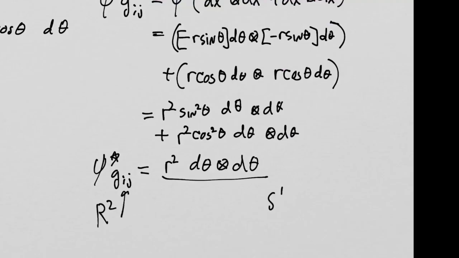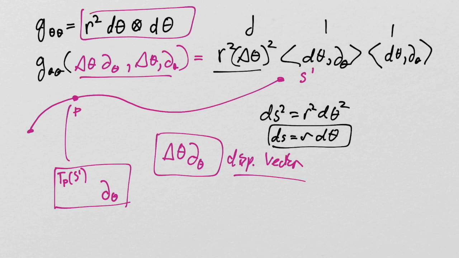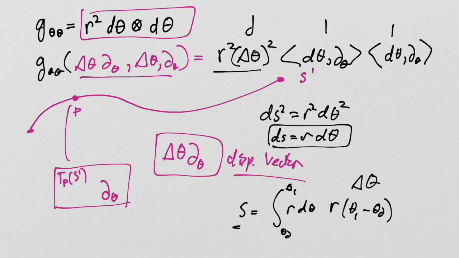Then I guess the last step would be just to integrate this. So you get s equals the integral of r d theta, the real finite distance, and of course r is a constant, so it becomes r, and then you integrate from theta 0 to theta 1, so it's theta 1 minus theta 0, which is the finite difference in the angle theta, in the coordinate value theta.